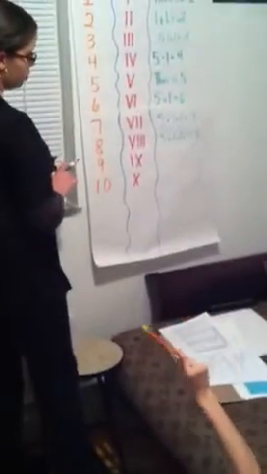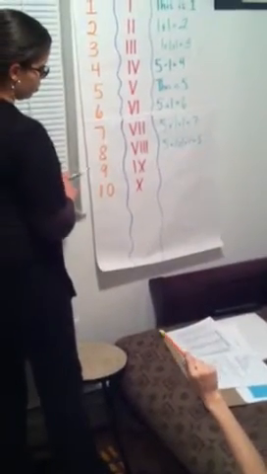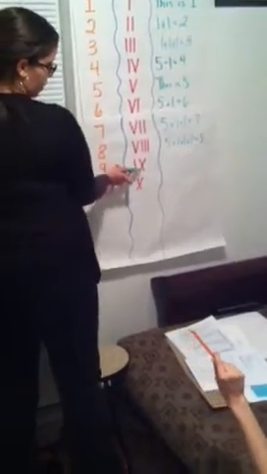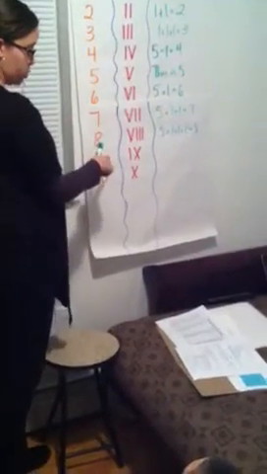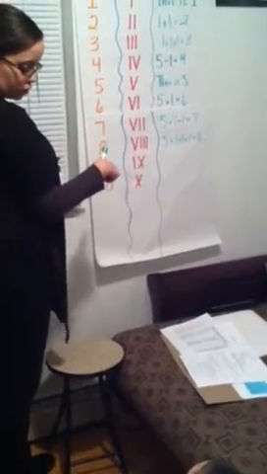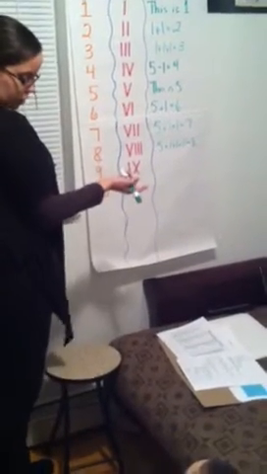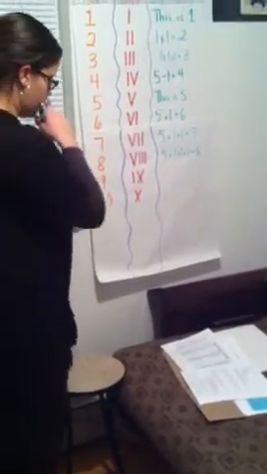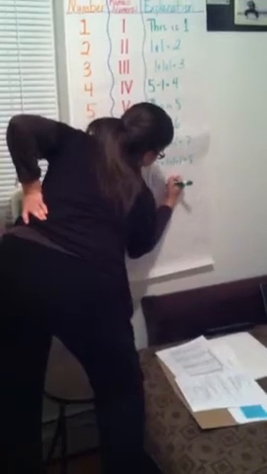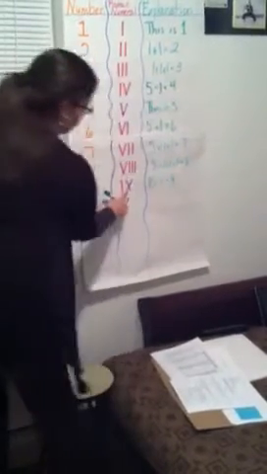So, well, we're talking about 9 here, right? We're talking about the X, not the V. So you subtract 1 and X. So, okay, and in our numbers it would be what? 10 minus 1. Yes. 10 minus 1 equals 9. This stands for 10.